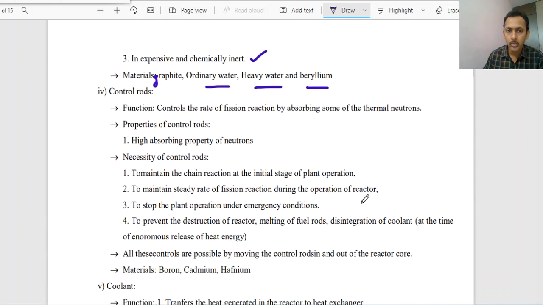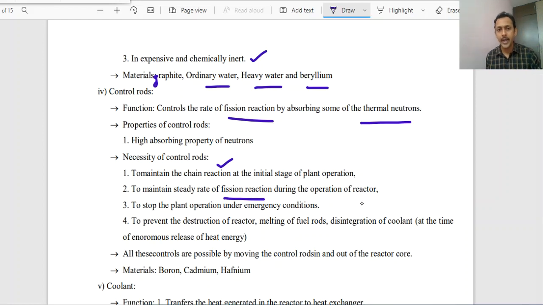Coming to the control rods, their function is to control the rate of fission reaction by absorbing some of the thermal neutrons. In order to maintain the chain reaction, or the steady rate of fission reaction during the operation of the reactor, or in order to stop the plant during any emergency condition, and to prevent the destruction of the reactor, the melting of the fuel rods, or the disintegration of the coolant, these control rods are required.